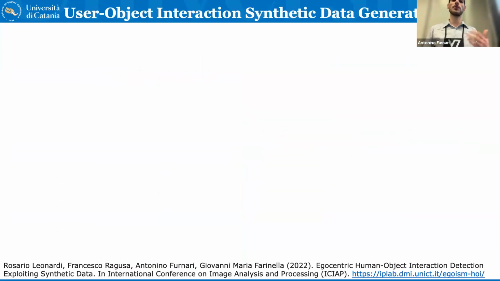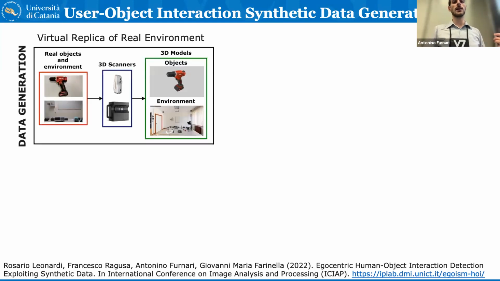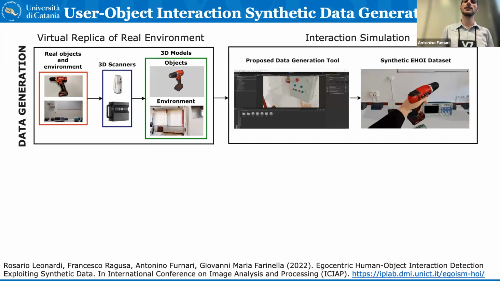What we propose is to follow this pipeline. You take a specific environment in which you want your system to work, and the objects that you want your system to be aware of, and you create a digital twin of your environment. So you collect a 3D model of the environment with a 3D scanner and 3D models of the objects. Then we developed an interaction simulation tool using Unity 3D.